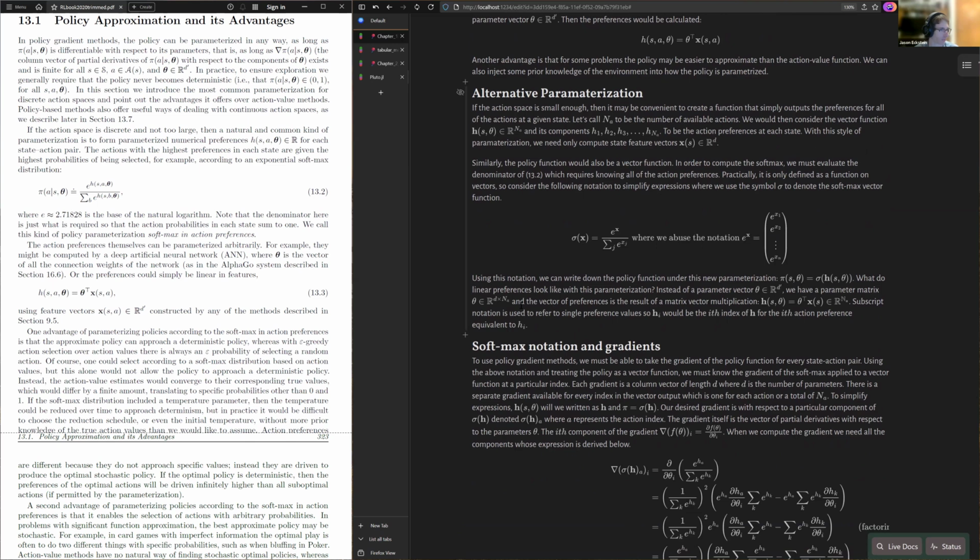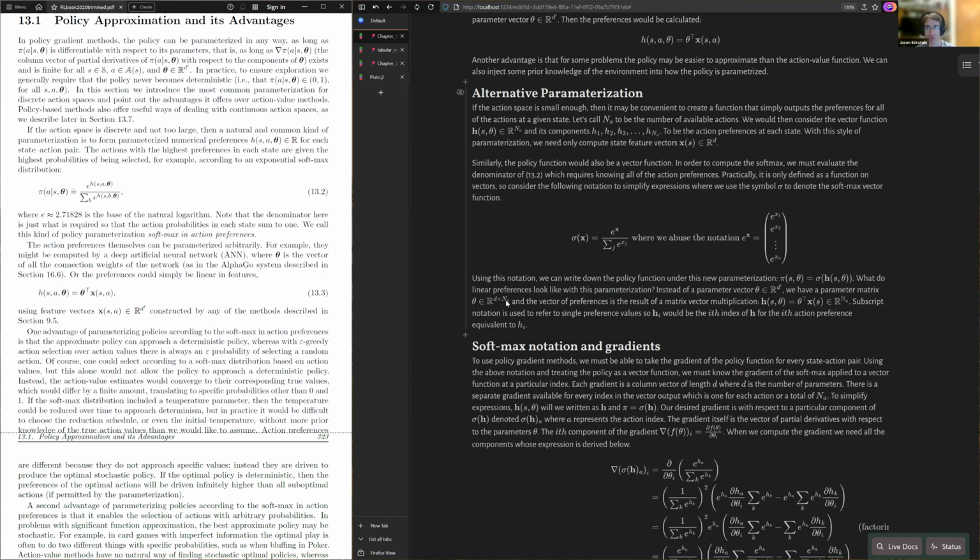In this case, because we need to output a vector, our parameters are most easily written as a parameter matrix with D rows and NA columns. Whatever dimension we've selected for the length of the state feature vector will be the number of rows of the matrix, and then we have a different column for every distinct action.